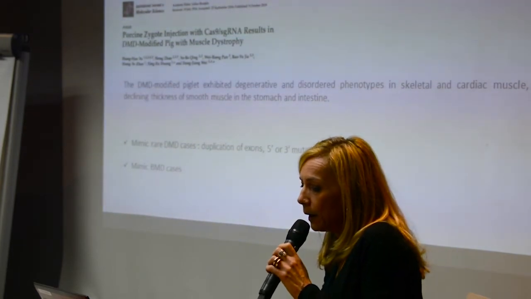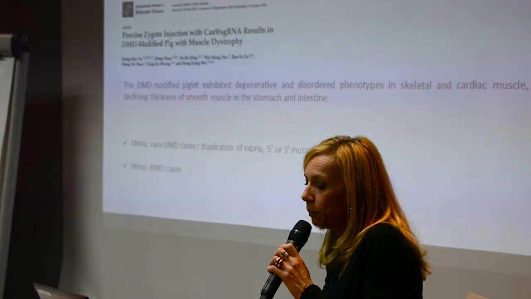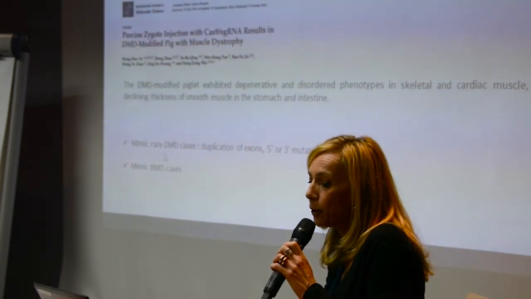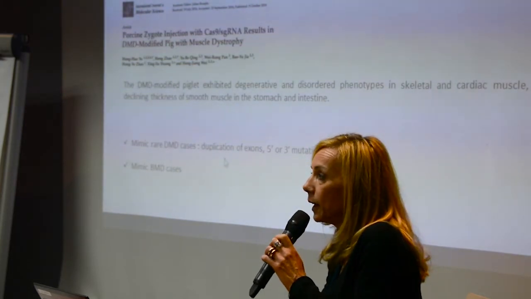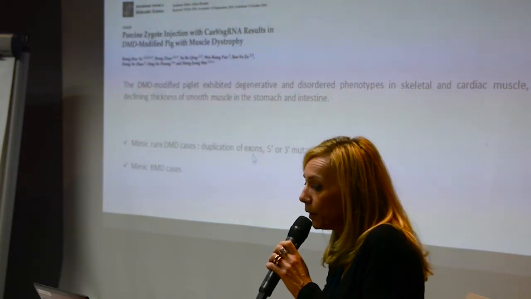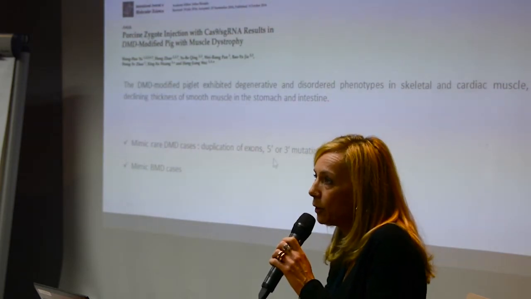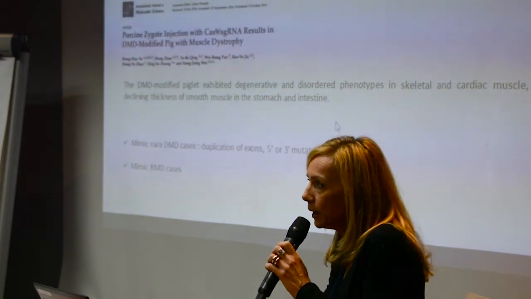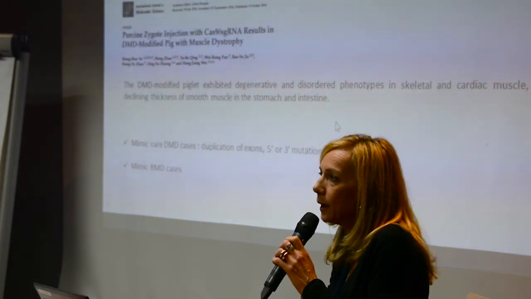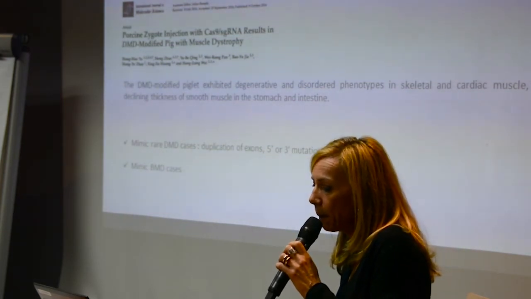So this, as I told you, is important to mimic also the rare DMD cases. For example, duplication of exons or point mutation in 5' at the beginning of the gene or at the end of the gene, or intronic mutations that impact the splicing, for example, of the mRNA.